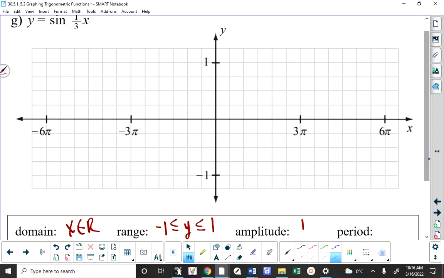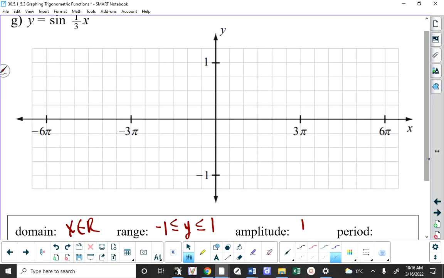I want everybody to try to figure out what the period of this graph would be. If you look at the grid, there's kind of a hint there. It's going to be 6 pi.